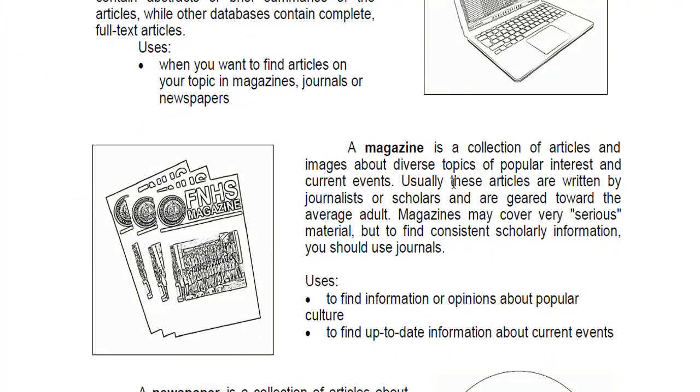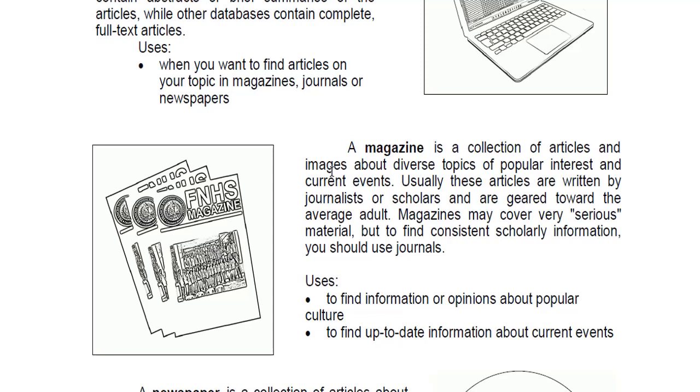Next, a magazine, of course, that is very familiar. It is a collection of articles and images about diverse topics that are of popular interest, and of course, current events. That's the reason why we publish magazines every now and then, because they must contain current events.